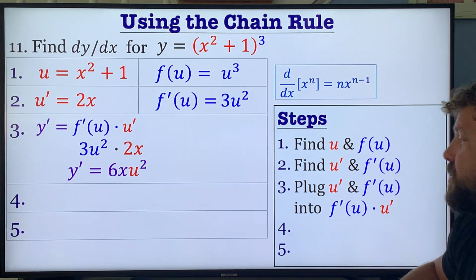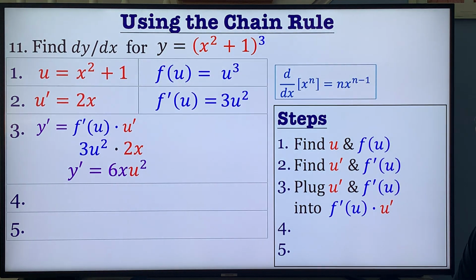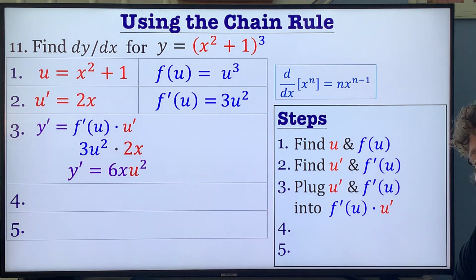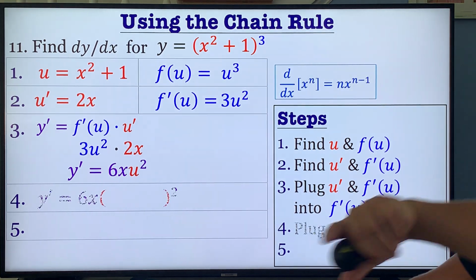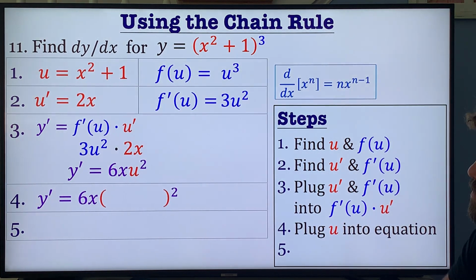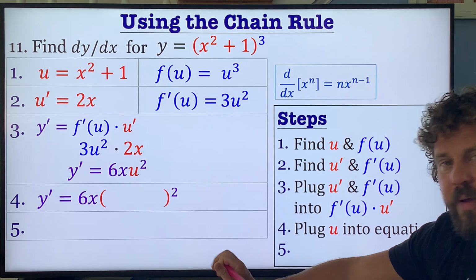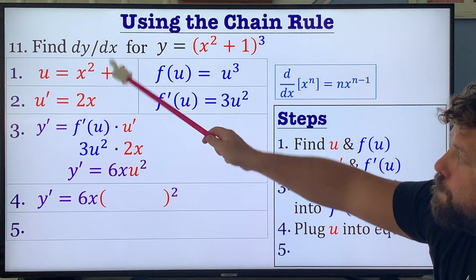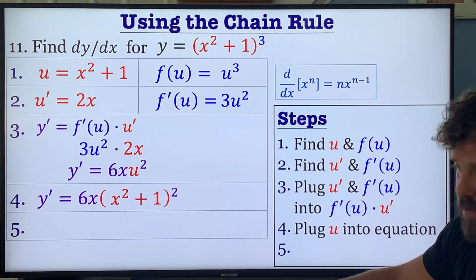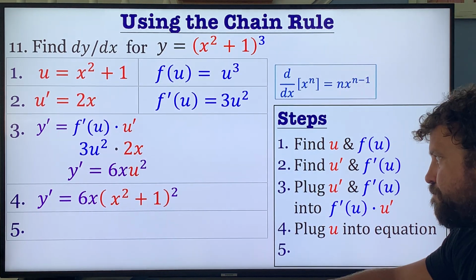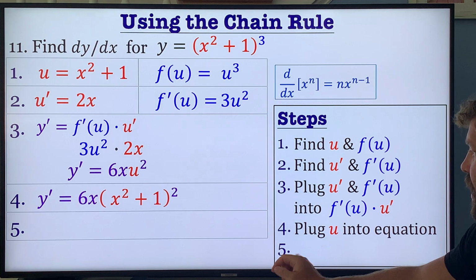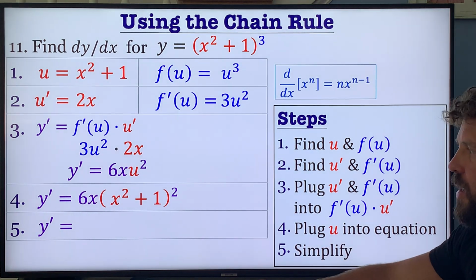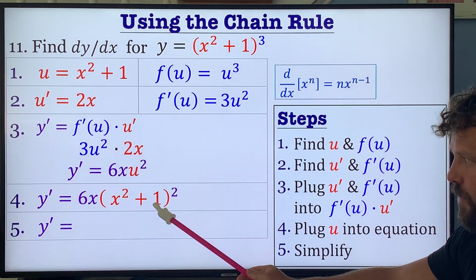So what we have to do is do step 4. What do you think step 4 is? You're going to plug u back into the equation. Where do we get u from? X squared plus 1. U is given to us. So we're going to take that, plug it back in. And step 5, simplify. Now, you can leave it like this. This is perfectly okay.